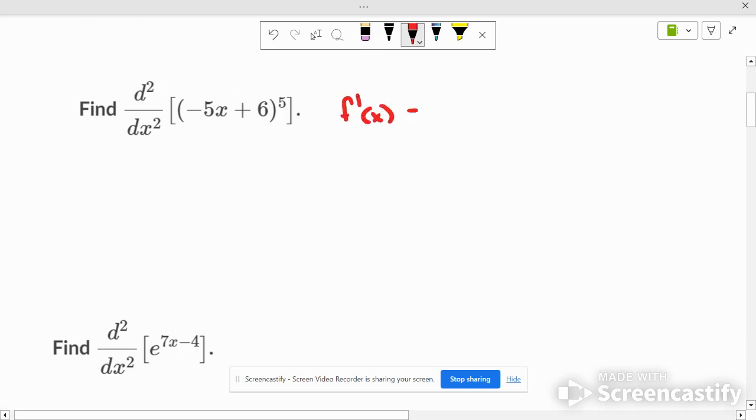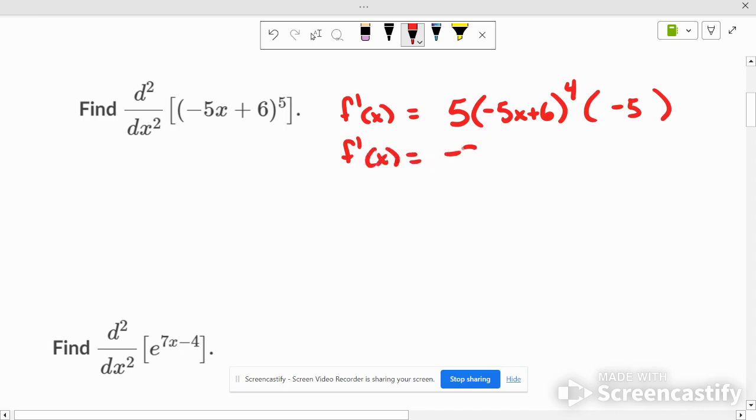What's the first derivative of that using the chain rule? 5. Good start. Negative 5x plus 6 to the fourth power times negative 5. So the first derivative of this, and we rewrite it just so we're all on the same page, is negative 25 times negative 5x plus 6 to the fourth power.